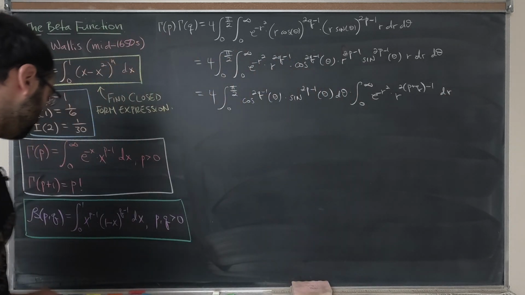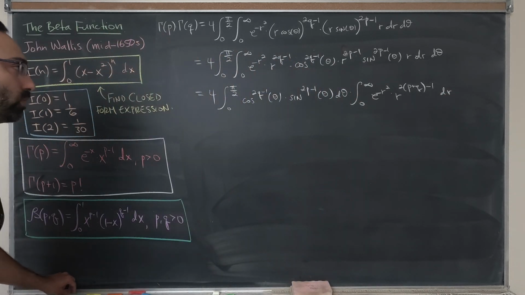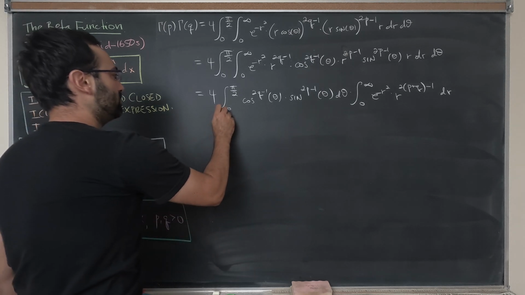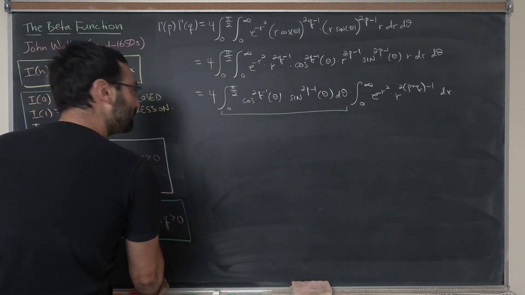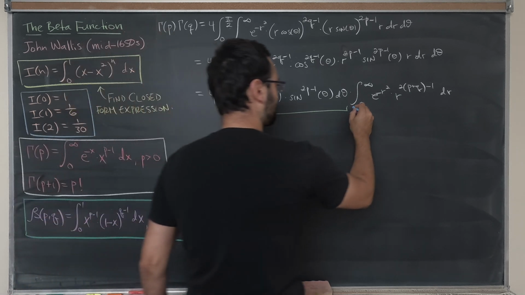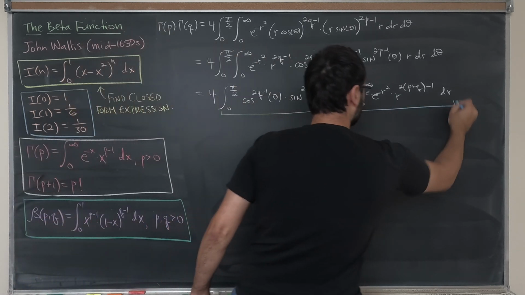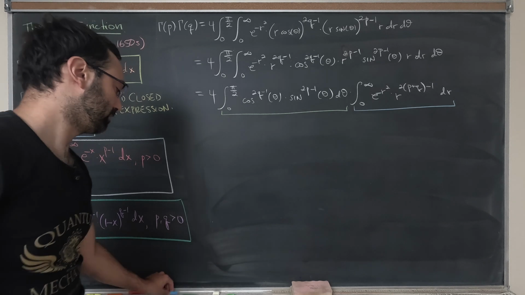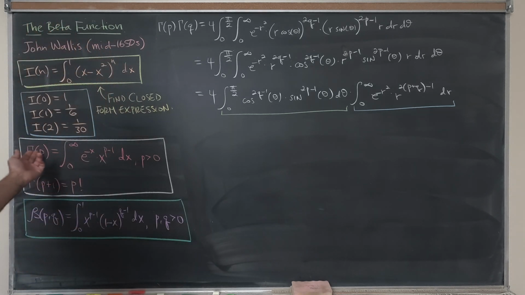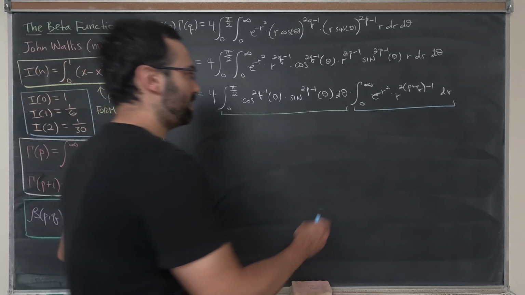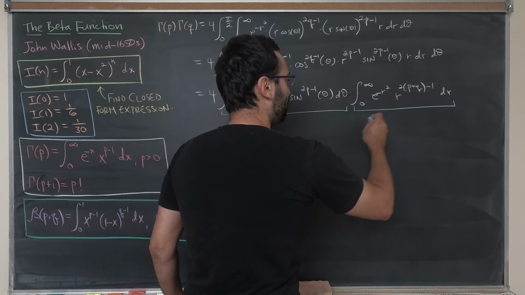Okay, good. So now we'll have to evaluate or determine what this integral works out to be and what this integral works out to be. Well, if you remember in the very first step where we let x equal y squared, where we made that variable substitution for gamma of p, we had obtained the following.